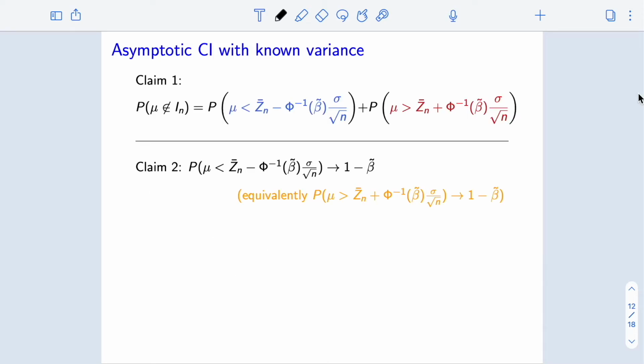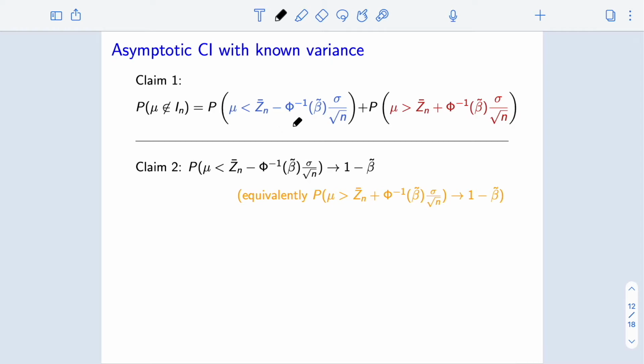All right, we're going to prove that result about the asymptotic coverage in two parts using two claims. The first claim says that we can reduce the probability that mu is not in that interval to two pieces. For the second claim, we're going to look directly at the probability of each of those pieces and see what they converge to. For that first claim, mu can fall outside of the interval for one of two reasons.